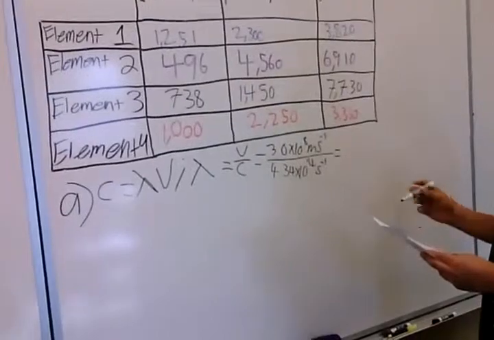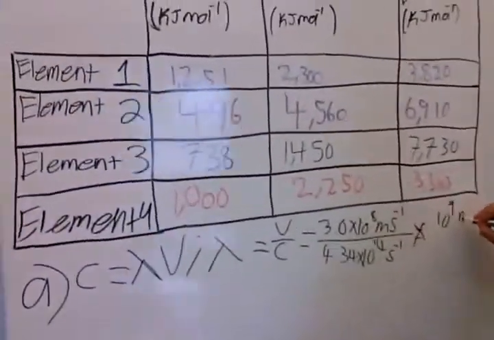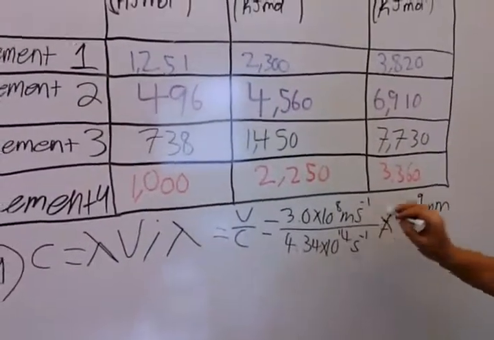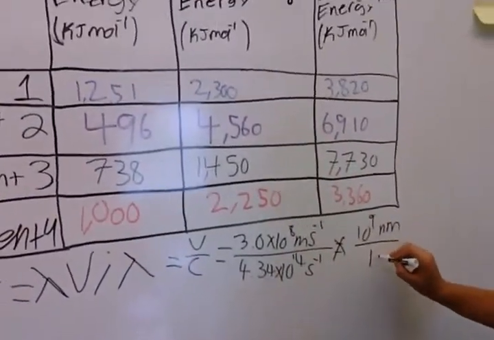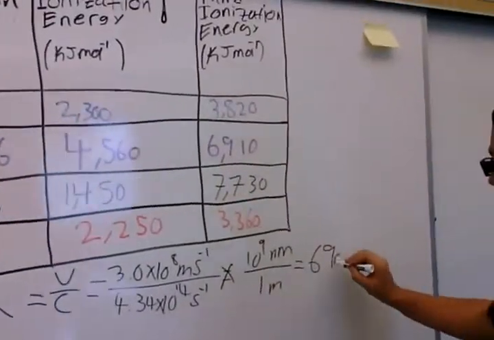Then after you do that, you multiply this by 10 to the 9th nanometers over 1 meter, because you have to convert meters into nanometers, which equals 690 nanometers.